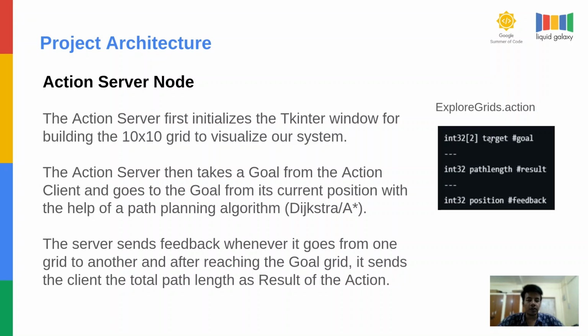The choice of our path planning algorithm will be contained in this target. Then the path length will be the result, and the feedback will be the current position. Each time our system changes position from one grid to another, it will send that to the client as feedback, right?